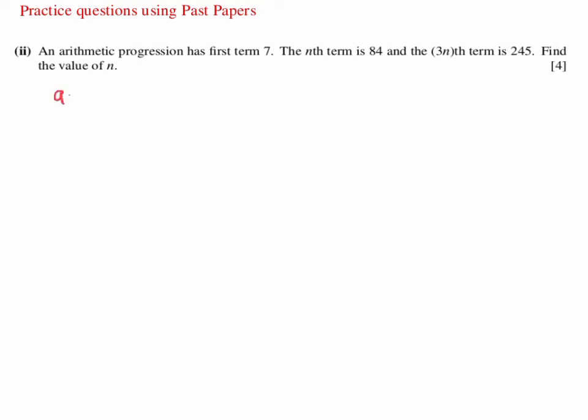So a is given 7, nth term is given 84 and 3nth term is given 245. First of all, we will apply the formula for the nth term, that is a plus n minus 1 d.